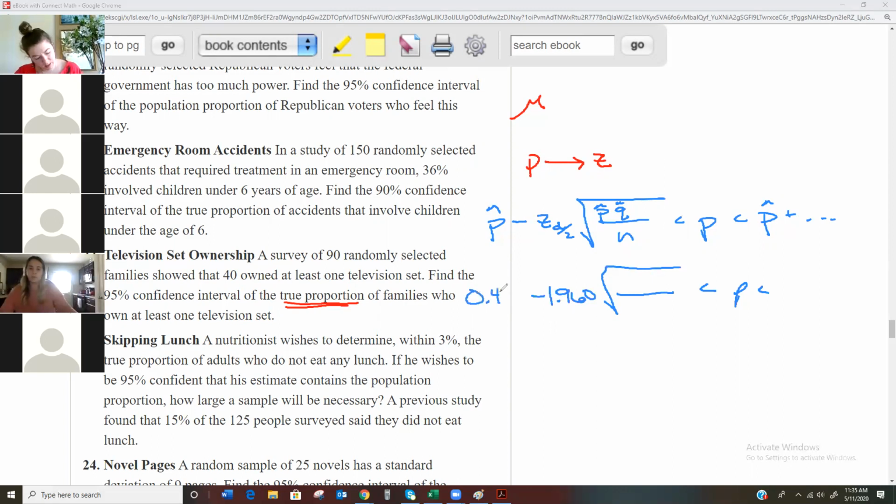So I'd use 0.444. Which then leaves Q hat to be 0.556.